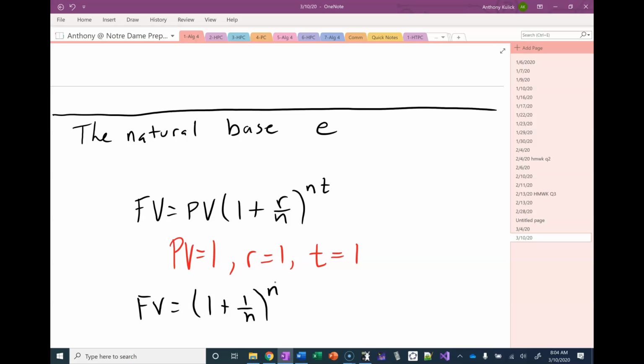So let's think about this in terms of a population. Let's say the population of human beings on the planet. How many people are there on Earth right now? About 7 billion, okay? And how often do you think that population is changing?